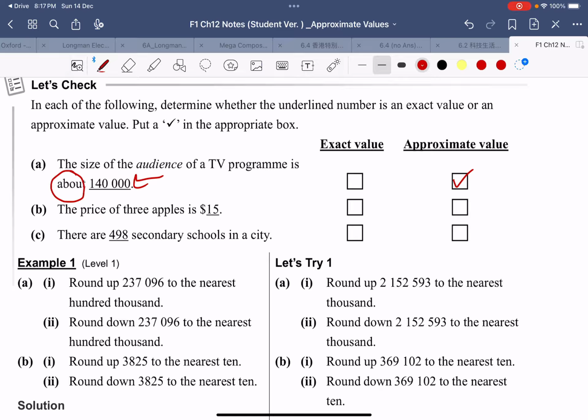It is not exactly equal to this number, but it is just about this number. The price of 3 apples is $15. So this should be an exact value because I use the word is. And again, there are 498 secondary schools in the city. This is exact.